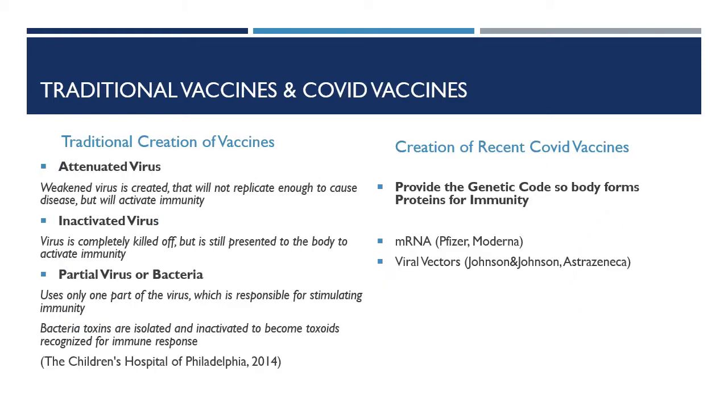A quick look at some of the key differences between traditional vaccines and COVID vaccines with their newer technology. Let's look at the traditional creation of vaccines, which is using the virus itself in a couple of different ways. It could be using the attenuated virus, which basically means a weakened form of the virus so that it can't replicate enough to cause disease, but it will activate immunity.